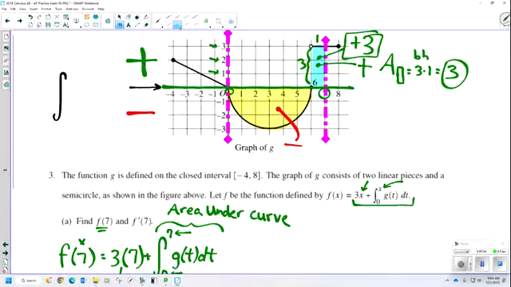Semicircle. The area of a circle is pi r squared. But keep in mind, we have a semicircle. So technically, we have half of a circle. So I'm going to multiply it times a half. The radius from 3 to 6 is also 3.